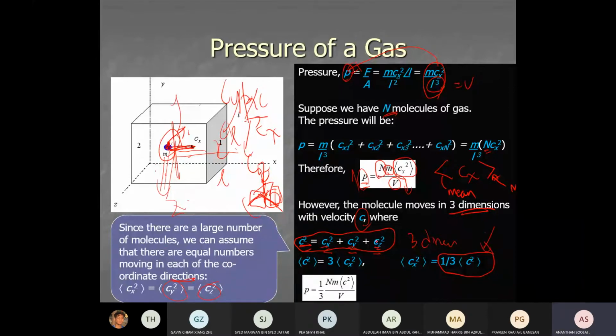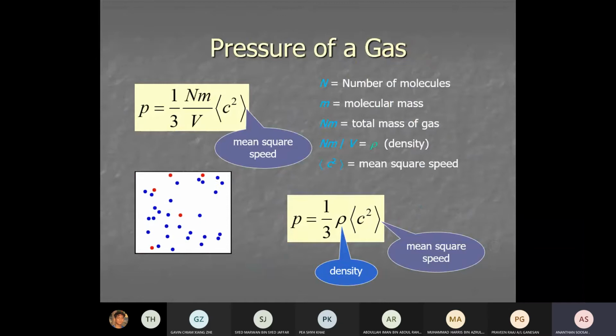The formula earlier uses only the horizontal component. We want to write this horizontal component in terms of the actual velocity, c squared. Because the pressure is the same in all directions, c squared is 3cx squared, so we can substitute cx squared as 1/3 c squared. That's what we are trying to do here.